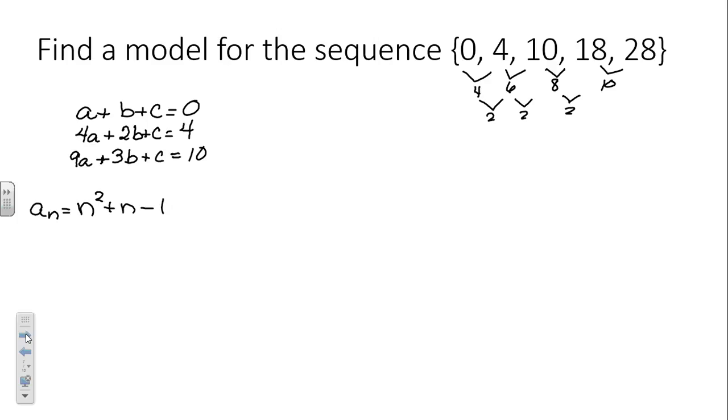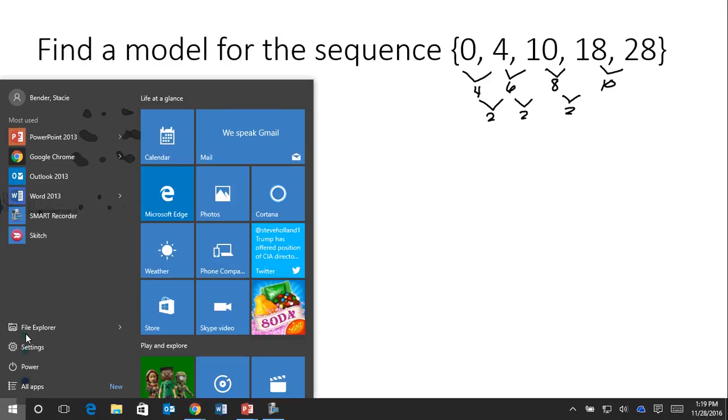Might have been minus 2. I'll have to check. Oh, I put 10 instead of 18. 0, 4, 10. So we can work it out real quick. So graphing calculator to the rescue.